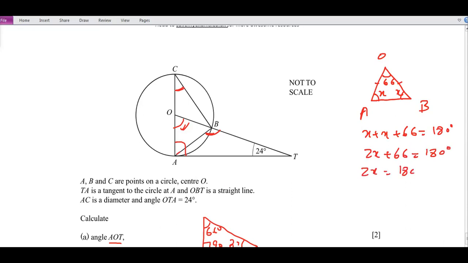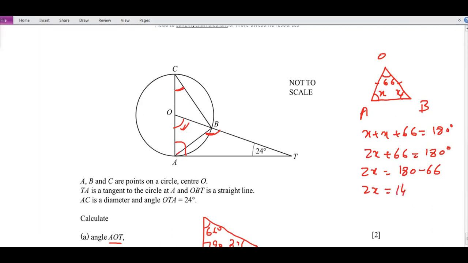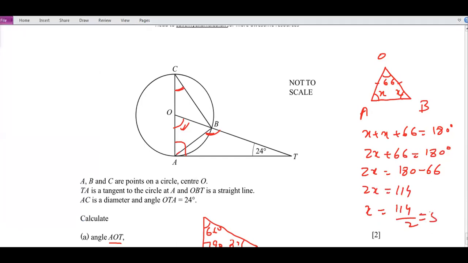2x will be 180 minus 66. So 2x will be 180 minus 66, 114. Sorry, 114, not 44. It means what will be x? 114 divided by 2, 57. Okay, it means this angle is 57.